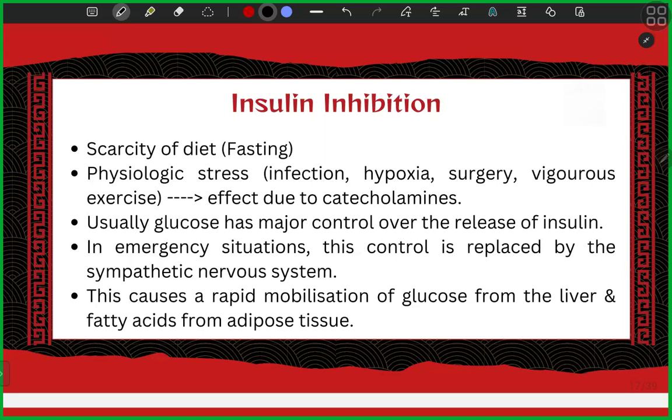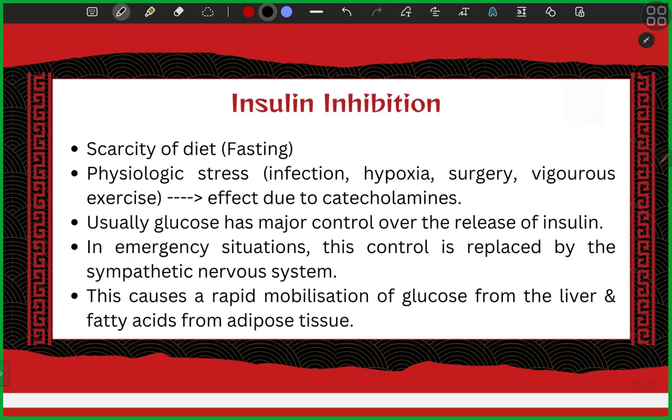So where was it stored? It was stored in the liver because of the normal happenings, like the glucose was coming in and the insulin was releasing. But now you're in an emergency situation, and you need that glucose. So the catecholamines are going to cause this rapid mobilization and take the glucose from the liver and the fatty acids from the adipose tissue. Fatty acids from the adipose tissue, because sometimes the glucose is really low in the body and you really need glucose.